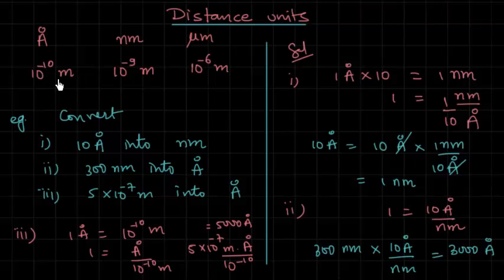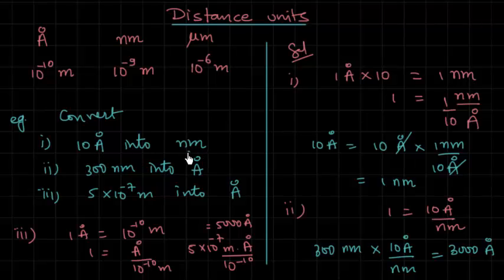So you can directly say that 10 Angstrom is 1 nanometer. Similarly, if you multiply 10 to the power minus 9 by 1000, you get 10 to the power minus 6 meter, which also means that 1000 nanometer is the same as 1 micrometer.